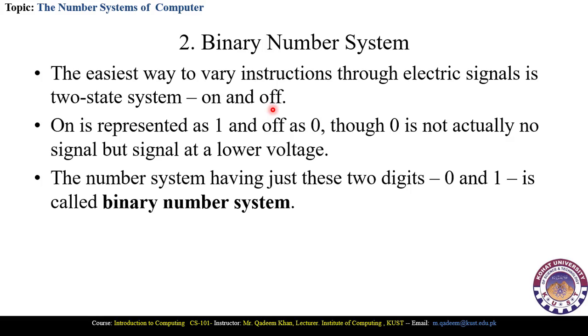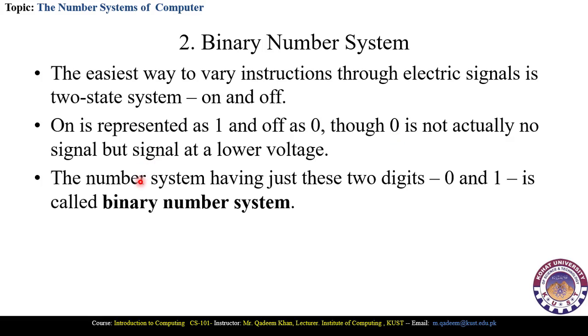When the value 1 is passed, the electrical signal is passed, and when 0 is passed to the processor, it means off. Actually 0 is not no signal, but a signal at lower voltage. So 0 means a lower voltage signal is provided.